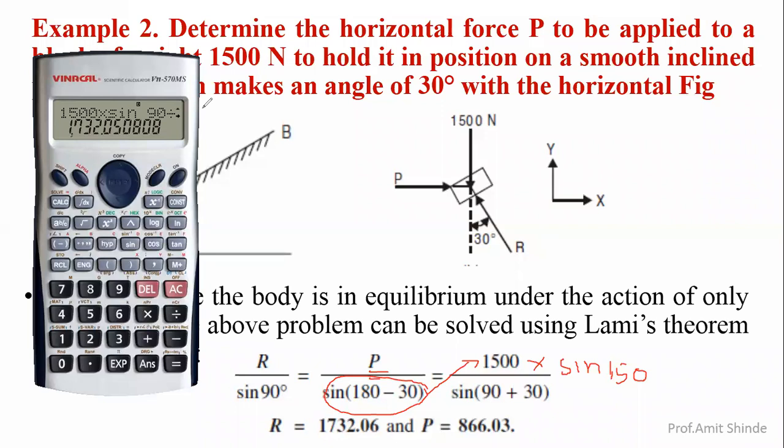Now put the values and solve: 1500 into sine 150 divided by sine 120 is equal to 866.03.